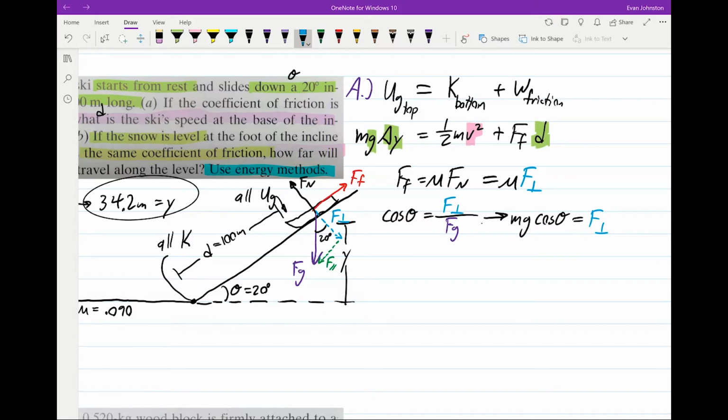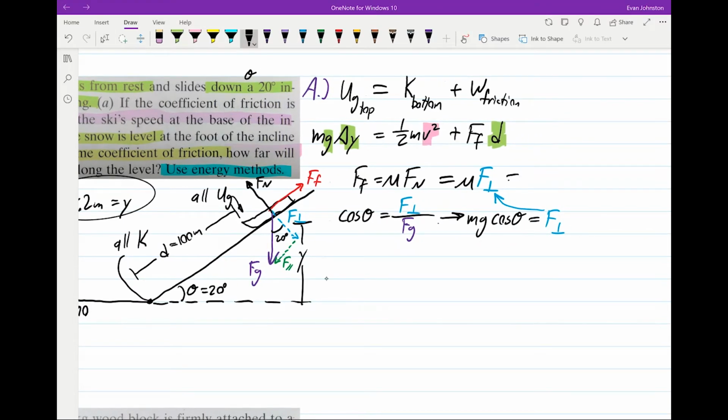So now I can plug it in right there. And we can rewrite this one final time as mu times m times g times cosine of whatever our angle is. So now, whoa, we have some crazy thing that we can plug in for friction. And it does have a mass in it.